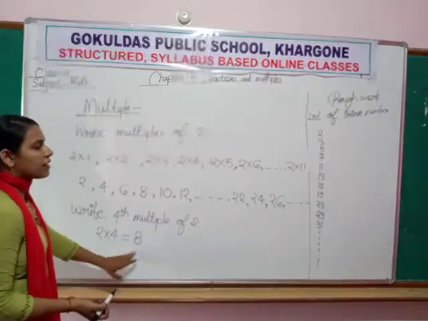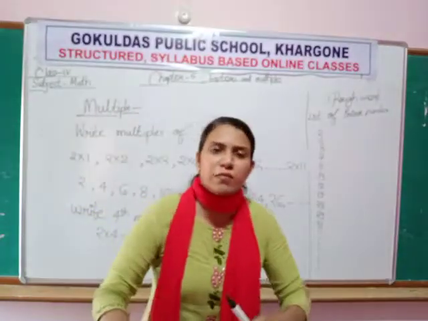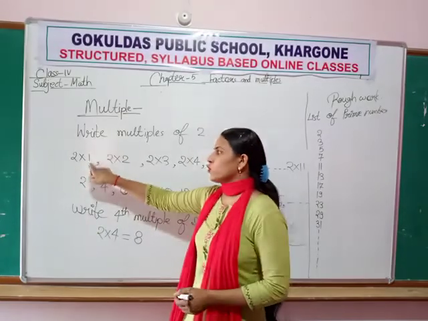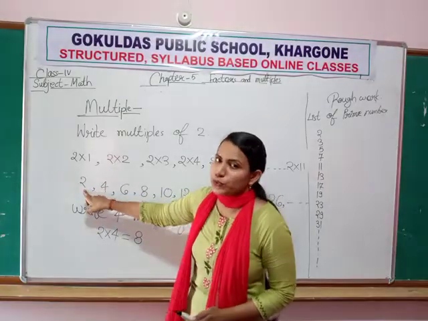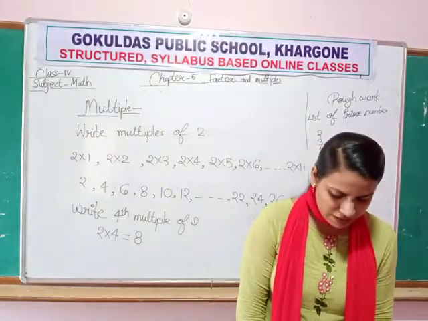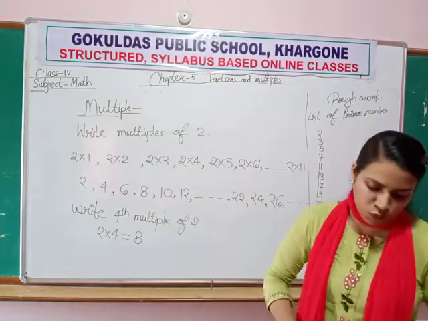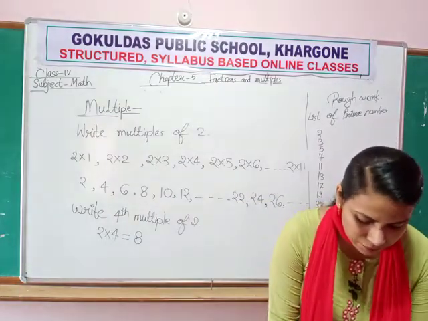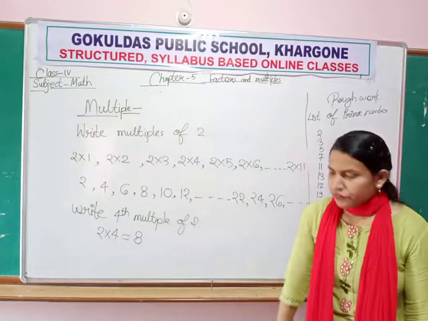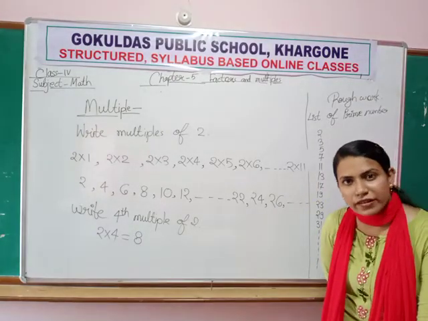So 8 is the fourth multiple of 2. What is the first multiple of 2? 2 into 1, so the first multiple is 2. So this is what multiples are. Multiples are nothing but the tables.